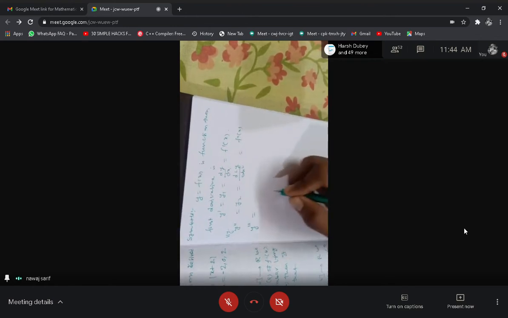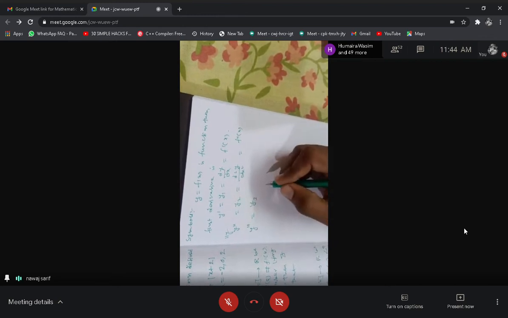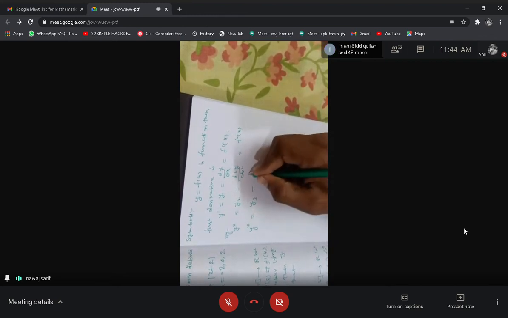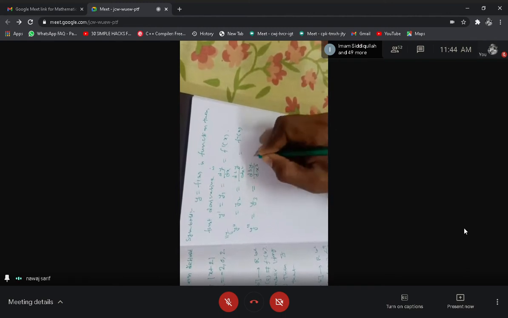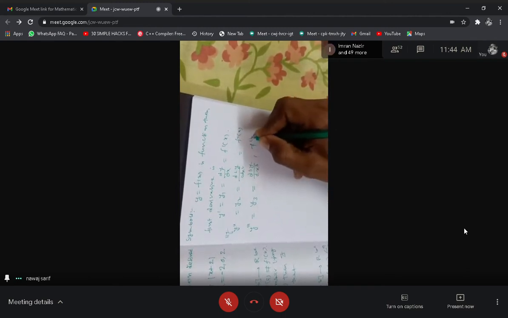And the third order derivative is y triple dash equals y3. y3 means third order derivative, and this is d3y over dx cube, and this is f3(x).